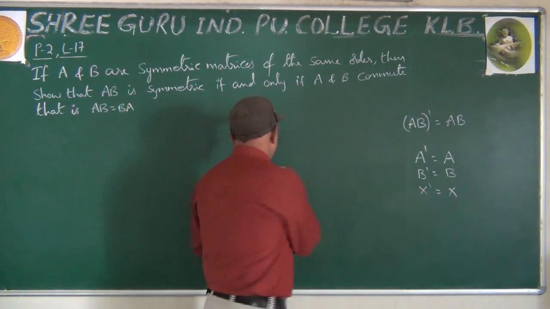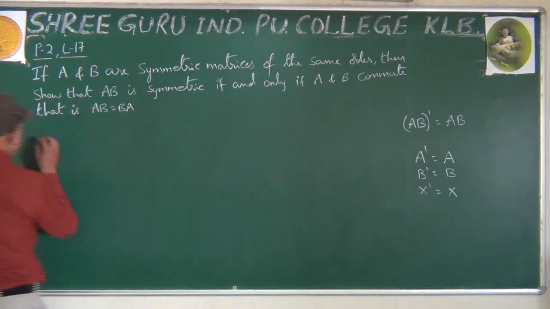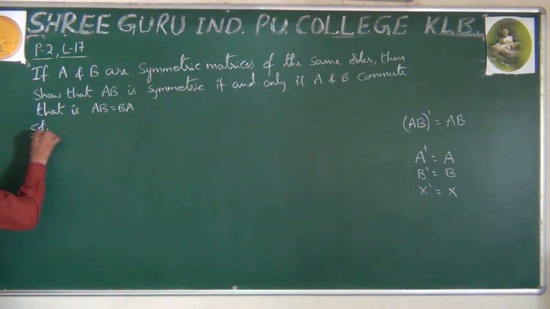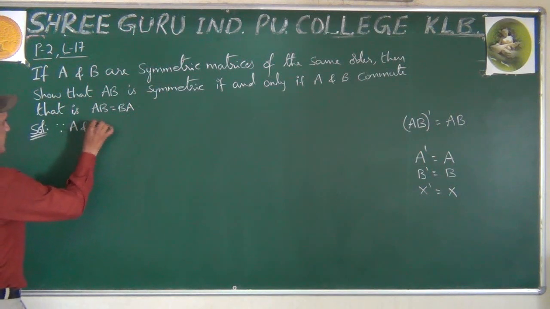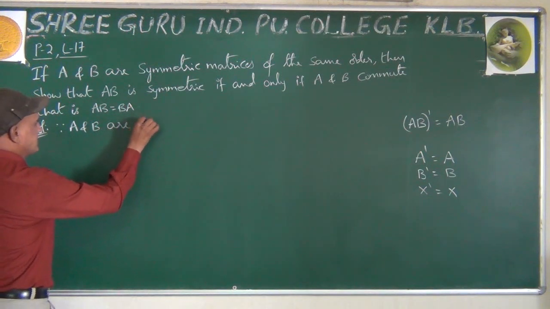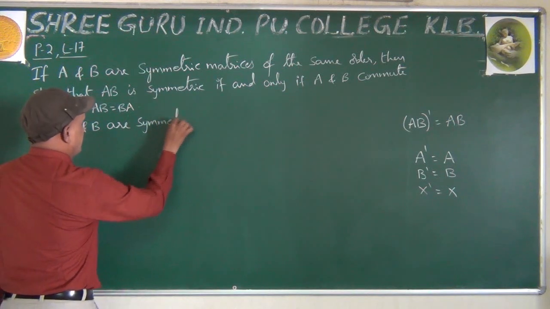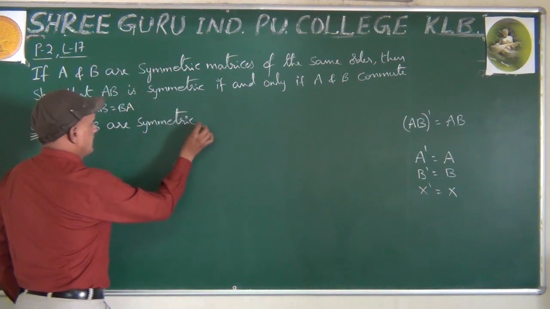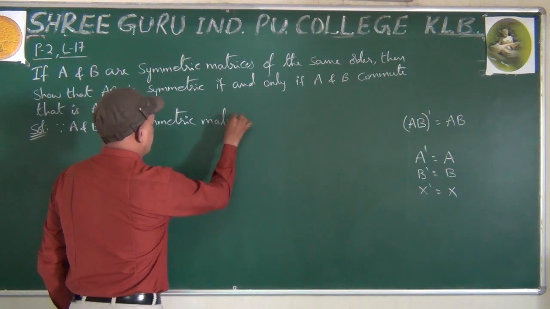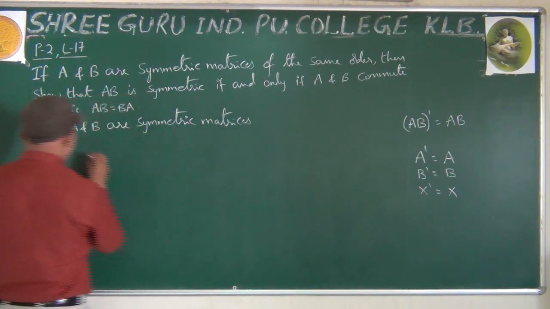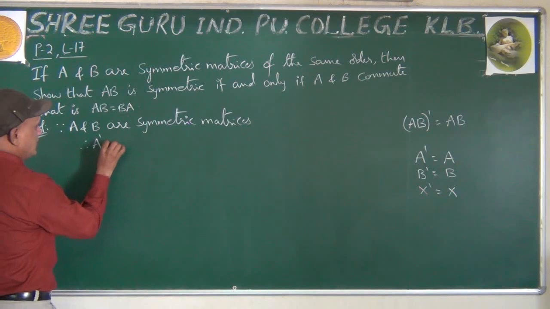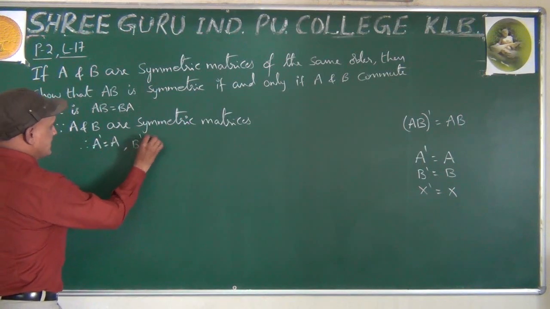First of all, let us see what they have given in the solution. Since A and B are symmetric matrices, therefore A dash equal to A, B dash equal to B.